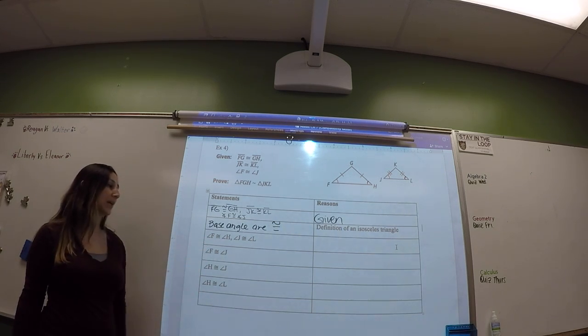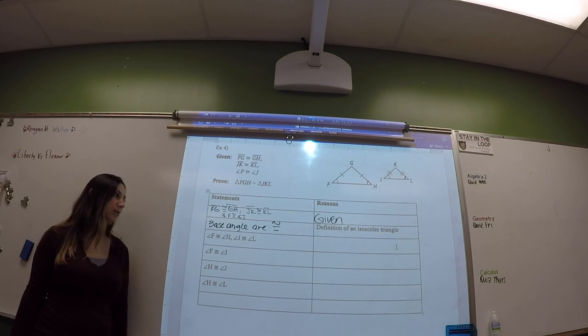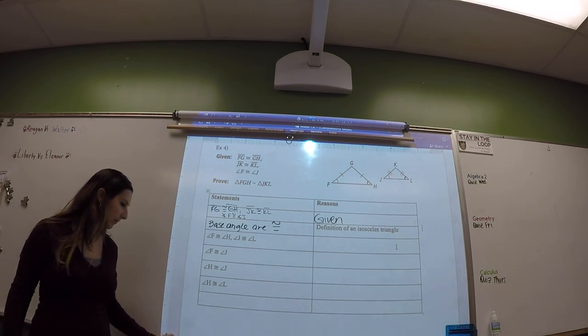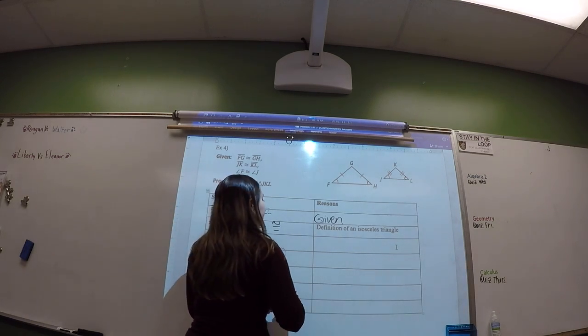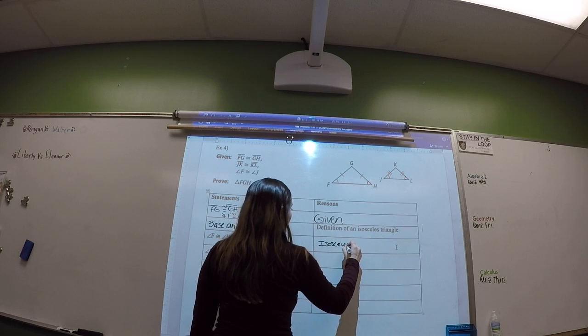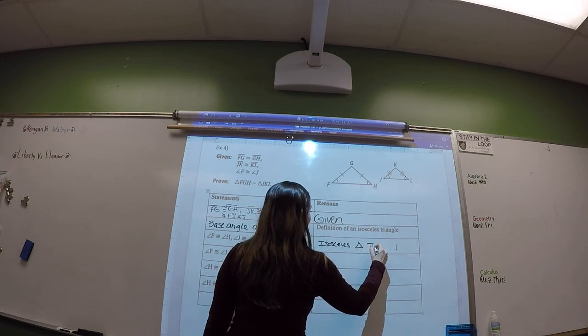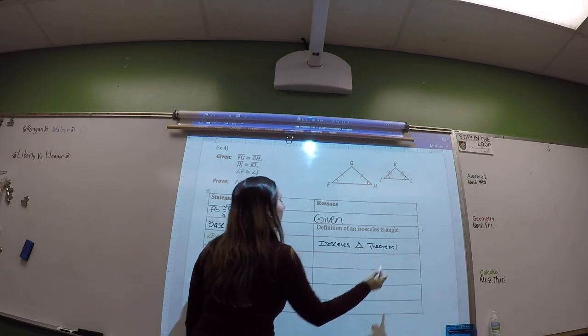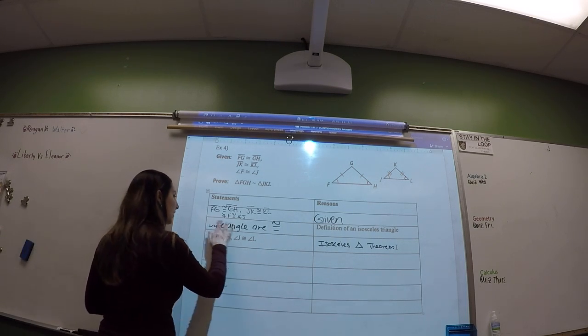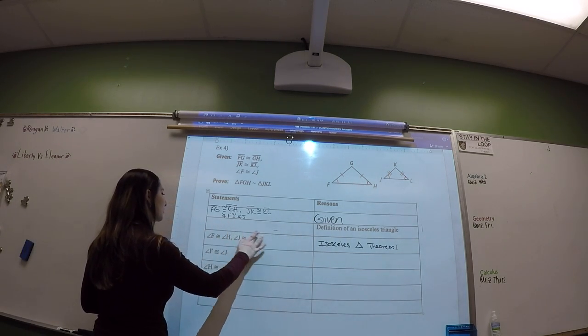That's what it says here. Angle F is congruent to angle H, angle J is congruent to angle L. And this is the isosceles triangle theorem. Actually, I think here they want us to say that the triangles are isosceles.